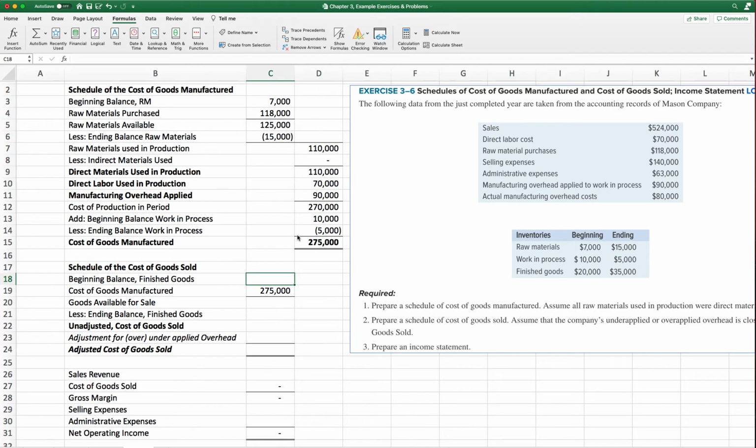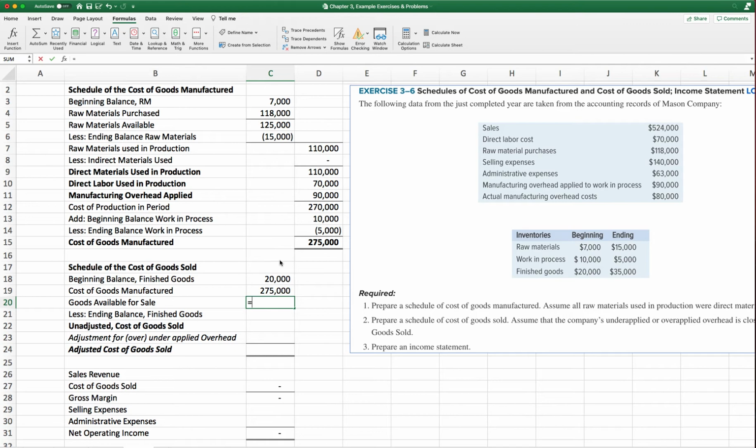So next, I'm going to figure out my schedule of cost of goods sold. What was the cost of the stuff that we sold? So our finished goods inventory beginning balance is right here, $20,000. We manufactured $275,000 worth of goods.